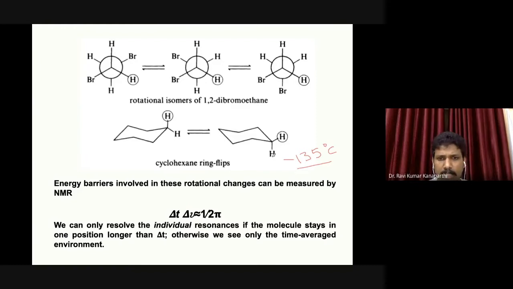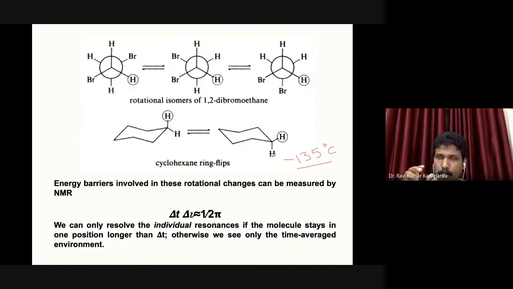Okay, so this type of NMR experiment was really helpful in older days to estimate the energy barrier. I think you probably all would have studied gauche, skew, and eclipsed. There are different types of conformers for this kind of methane and cyclohexane, right? So these conformers can be confirmed.